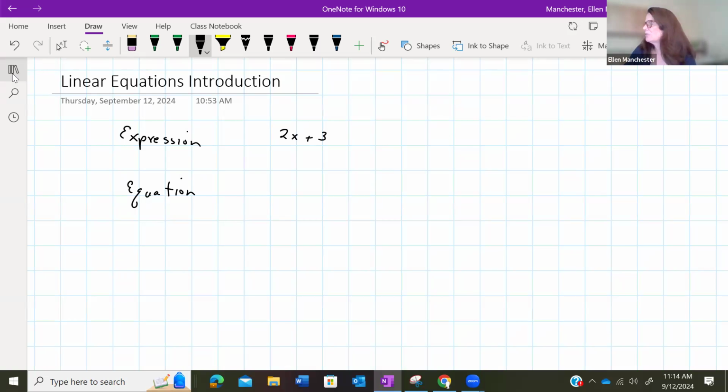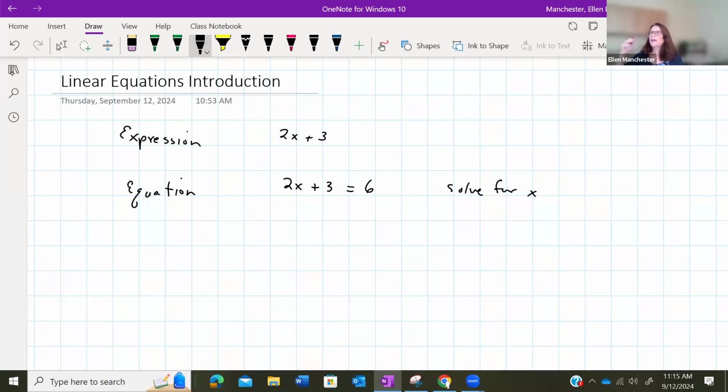You can't combine like terms. You can't add it. You have no idea what the x is. That's an expression. An equation is when you have an equal sign. Now you can solve. Now you have a means to solve it because you have a way to figure out what x is.